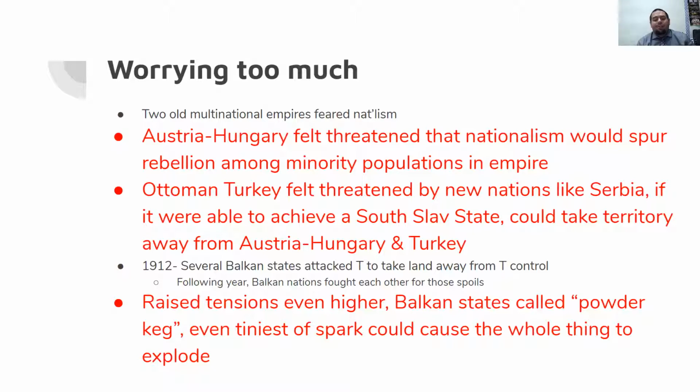And so the Balkan region of Eastern Europe is nicknamed the powder keg. And no, not that kind of keg. This keg is filled with gunpowder. And if you have a big old keg filled with gunpowder, the tiniest spark will fire it up, explode, and cause chaos in Eastern Europe.